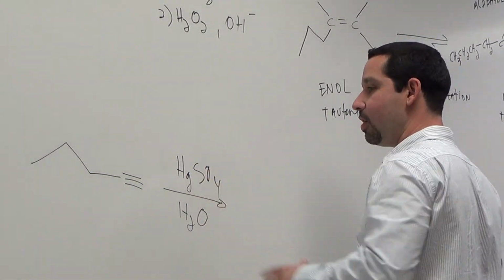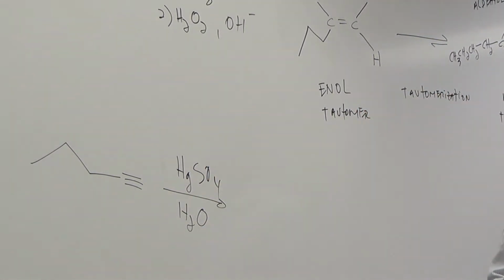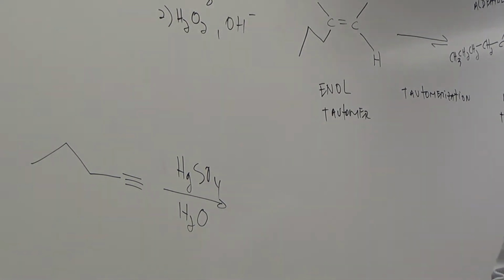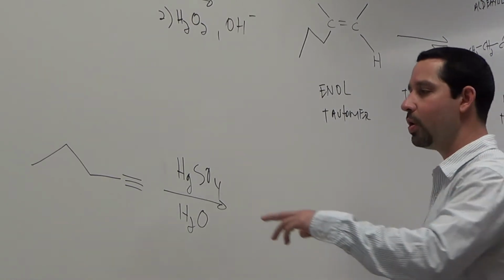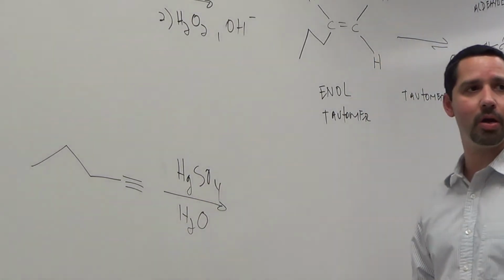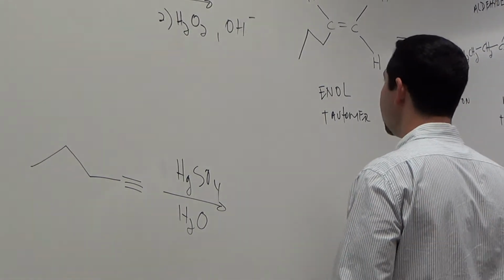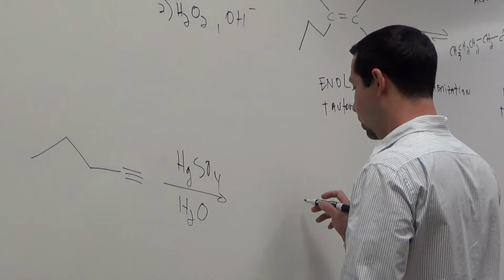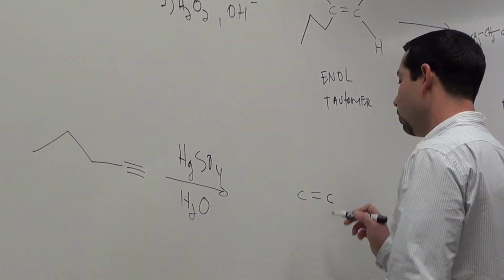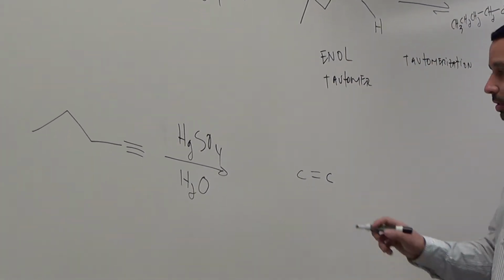The intermediate here, how do you think it is going to look? It's going to look like a mercurinium ion, yes? Okay, good, outstanding. And what we are going to have is, once again, a double bond in this.